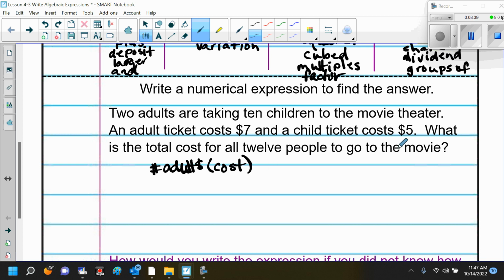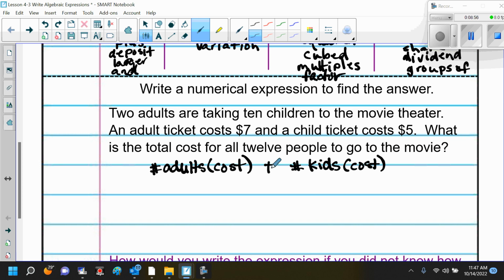And then to find out how much we are going to pay for the children, we're going to put the number of kids times the cost of a kid's ticket, right? All right, and then we're just going to add those together.